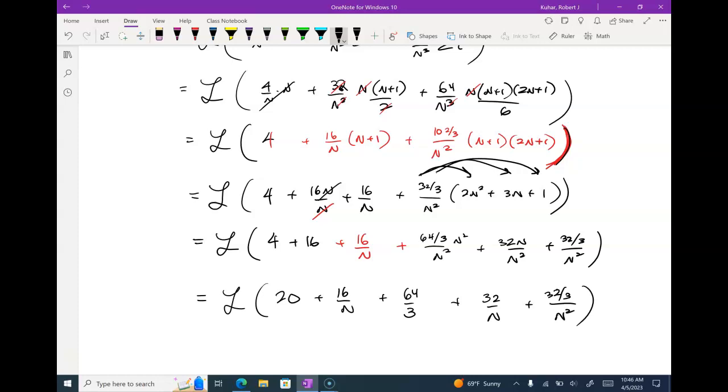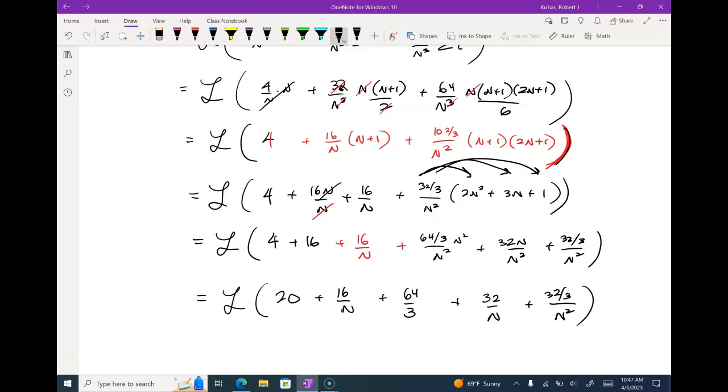And just about ready to take my limit. So I try and simplify as much as I can down to this. There are other options, but this is what you're going to do the first time you try one of these problems. There are other ways to get there quicker, okay? But this is what I want you to do when you first do one of these Riemann sums.